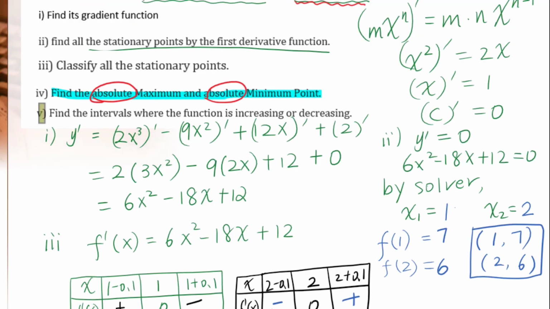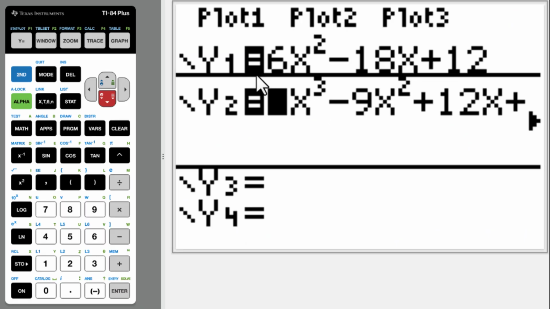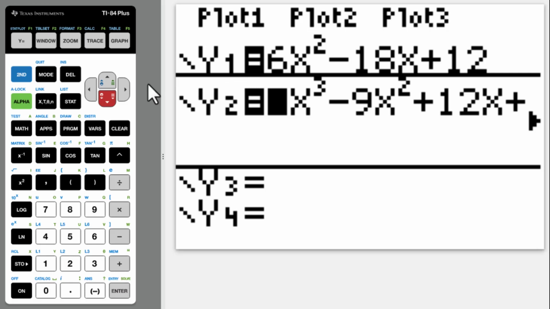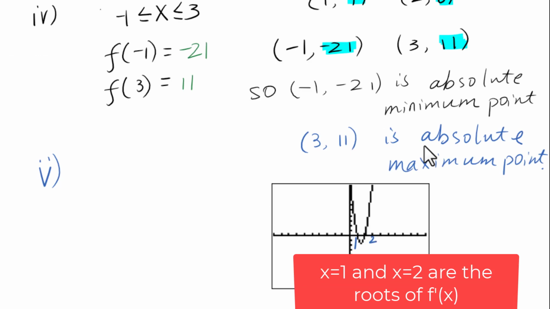Let's go to number 5. Find the interval where the function is increasing or decreasing. We only need the derivative function graph. So unhighlight this y2 graph. Then above the x-axis is positive, below the x-axis is negative. 1, 2, positive, negative, positive.